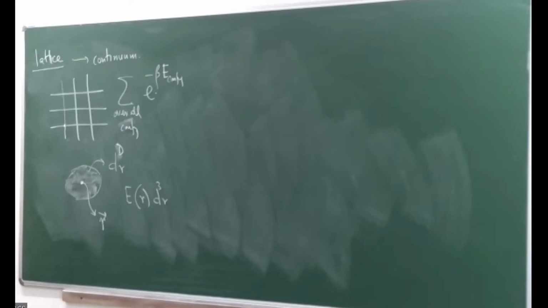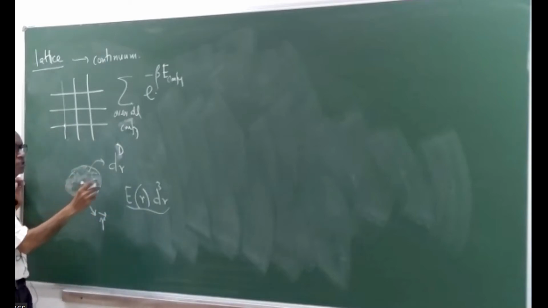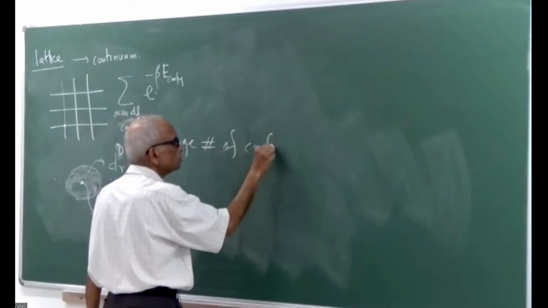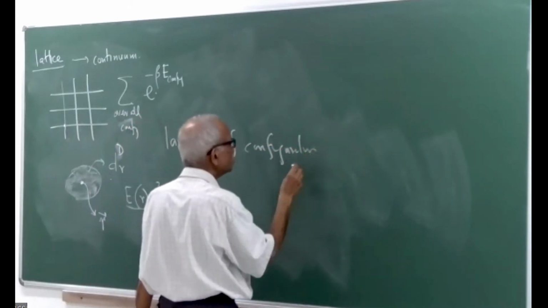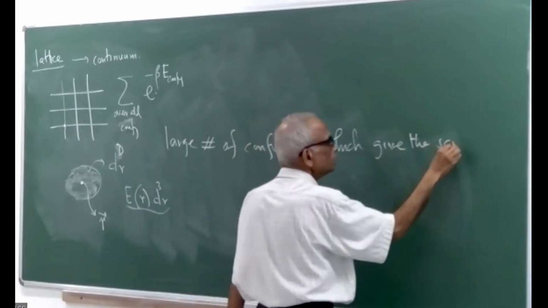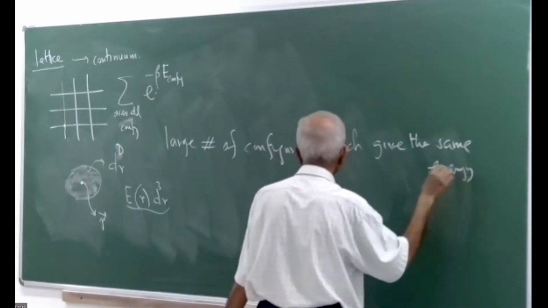But that small region can still be quite big, and corresponding to this total energy, which is the energy of this configuration, the energy corresponding to the state over here, there could be a large number of configurations which give the same energy.